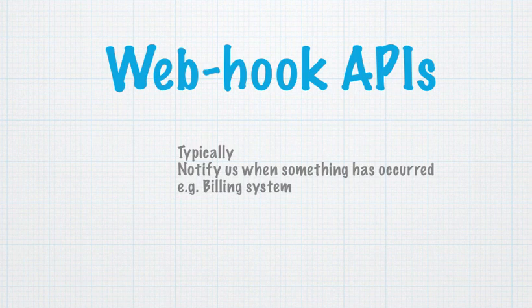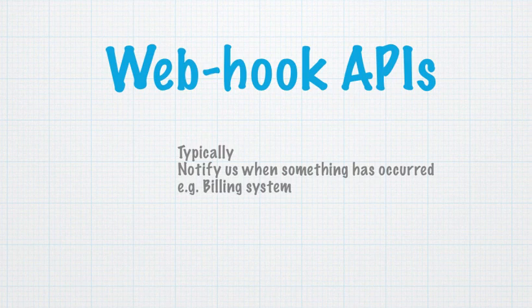There's another very good concept known as webhook APIs. So far we have seen that we have an API, we make a call, we send it a request in the format that it describes, and then we get back a response. So: make a request, get back a response.